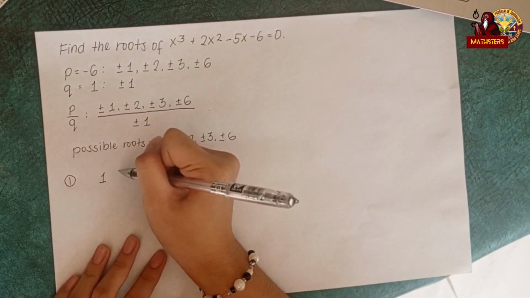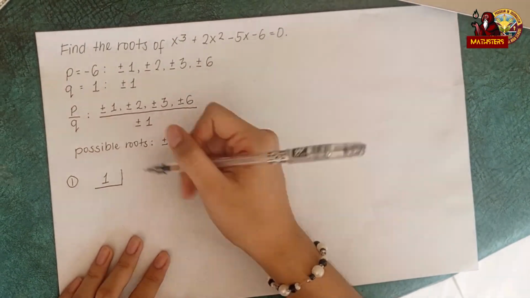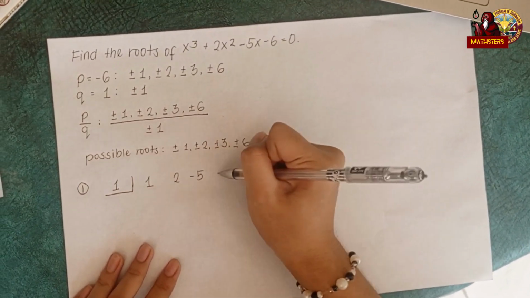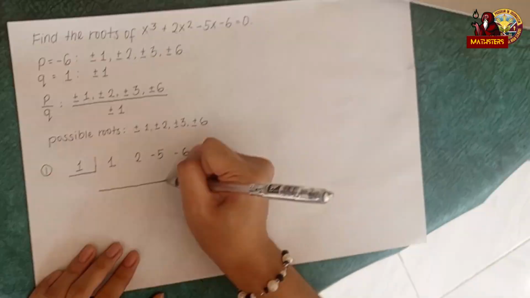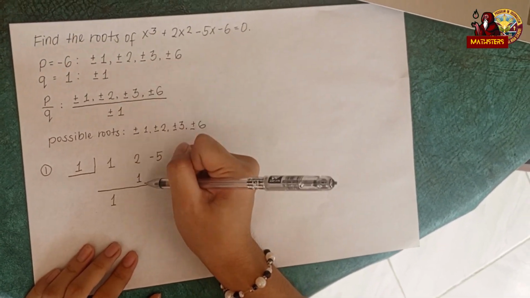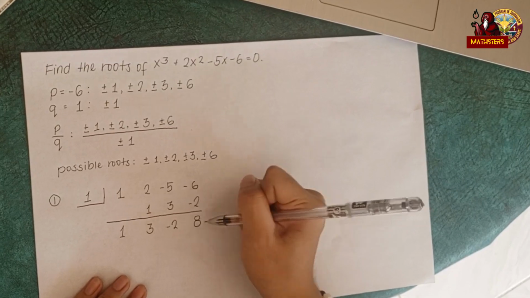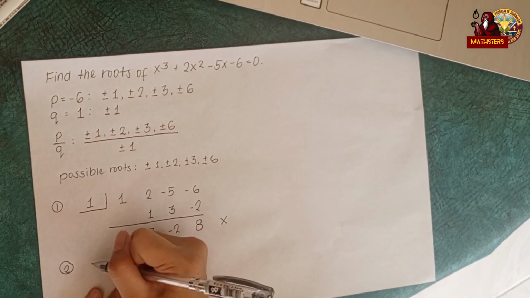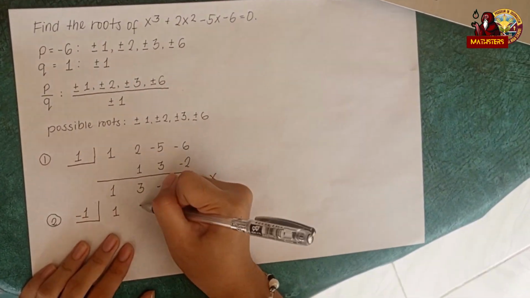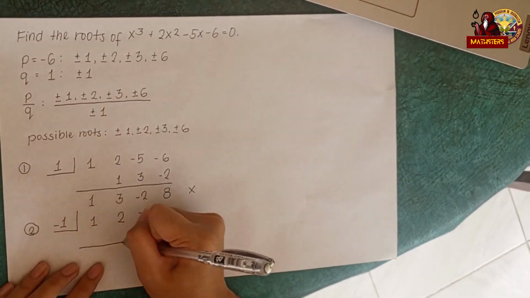Second, we are going to look for a zero remainder. Using these possible roots, we are to divide the polynomial through synthetic division. Let us start with positive 1. Since the remainder is not 0, we will try another value. Let us have negative 1.